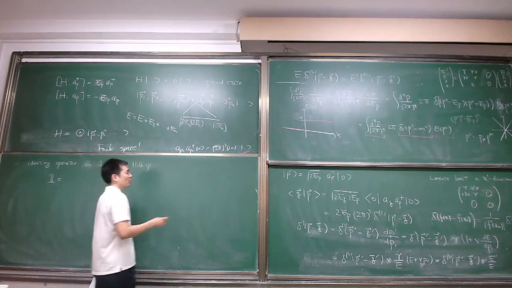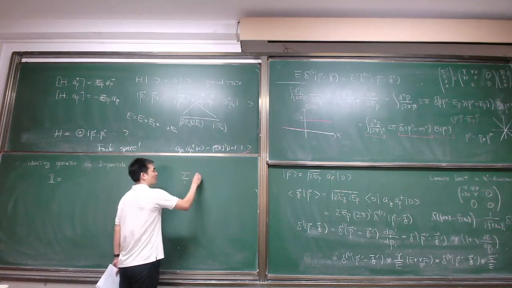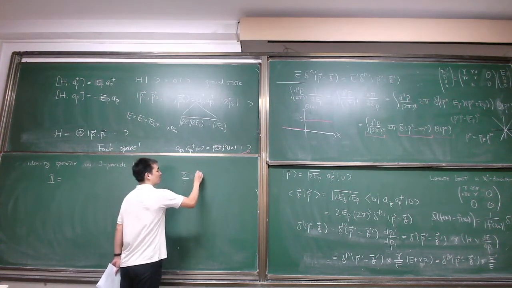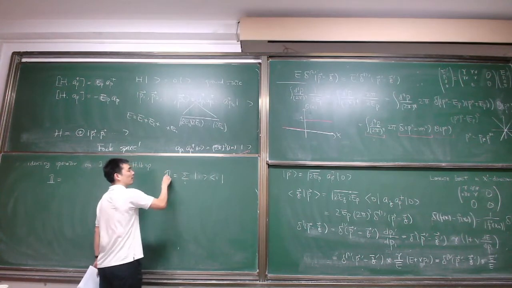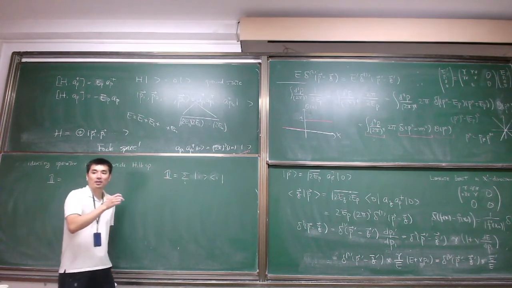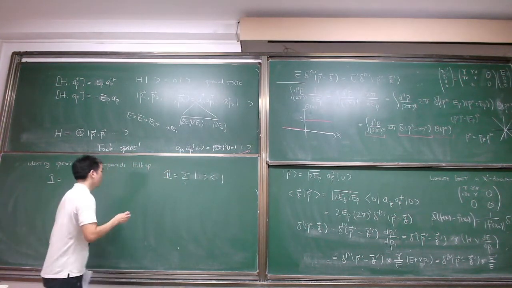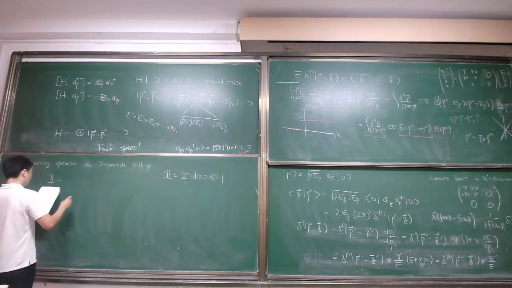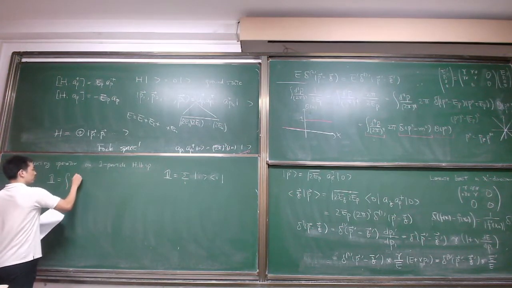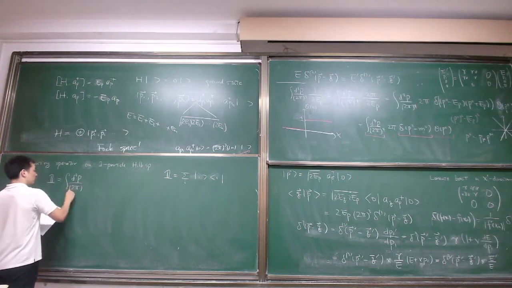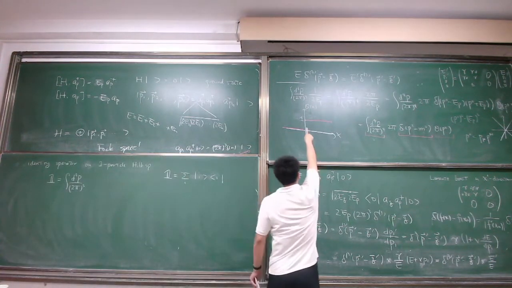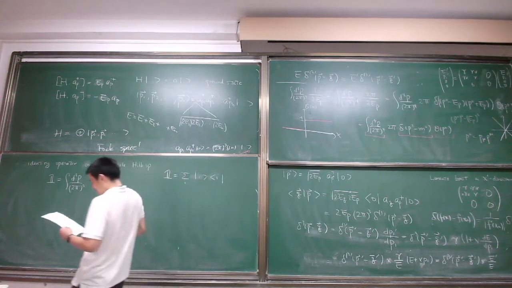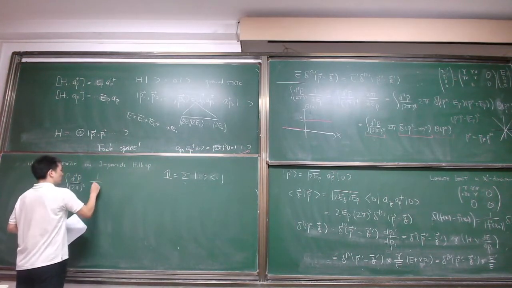In quantum mechanics, you often just multiply this kind of term on all the states; this is the identity operator. We want the identity operator to also be Lorentz invariant, so we just use the Lorentz invariant measure, 1 over 2 EP.